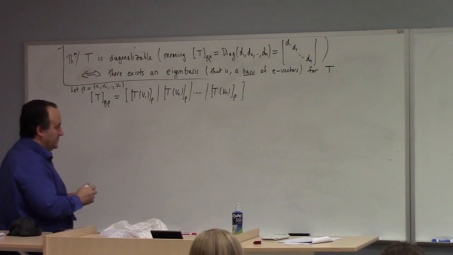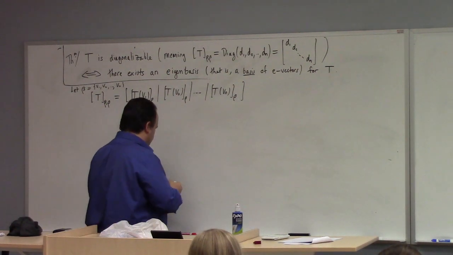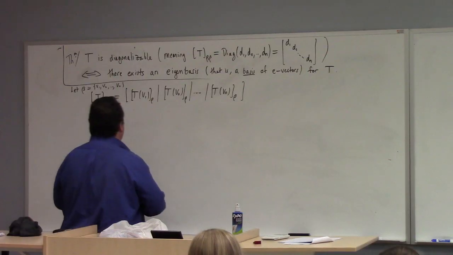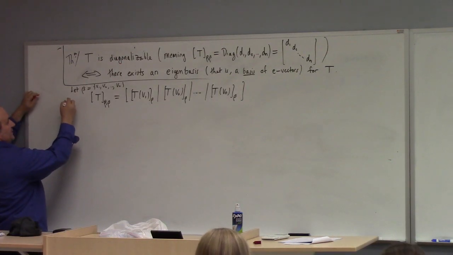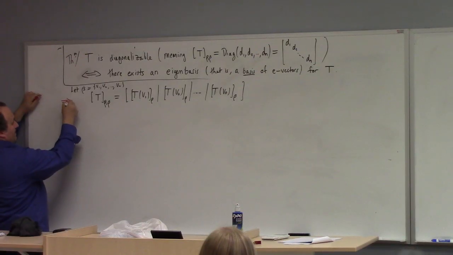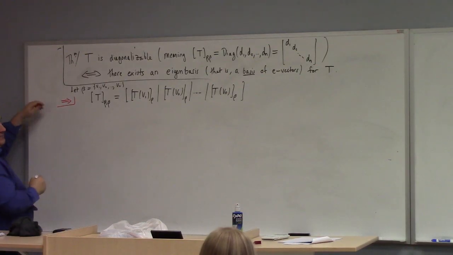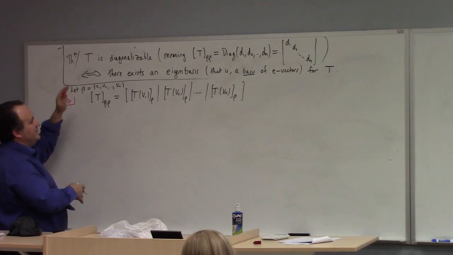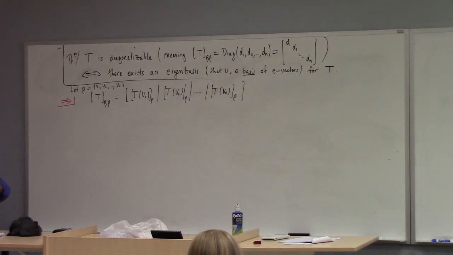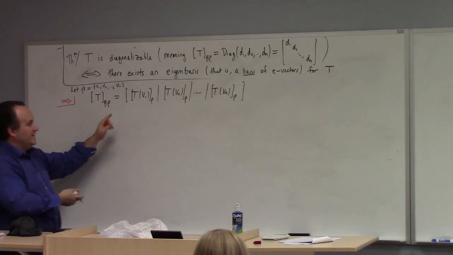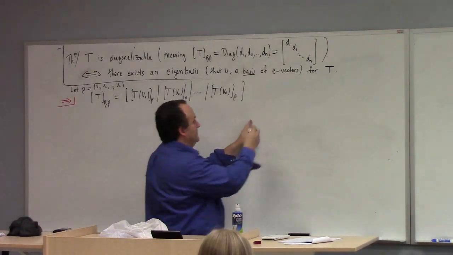All right, so let's think about, I'm going to use two different colors. I'm going to first think about the forward implication, all right? In the forward implication, I'm assuming that T is diagonalized with respect to the basis beta, right? That means that this matrix actually is what?